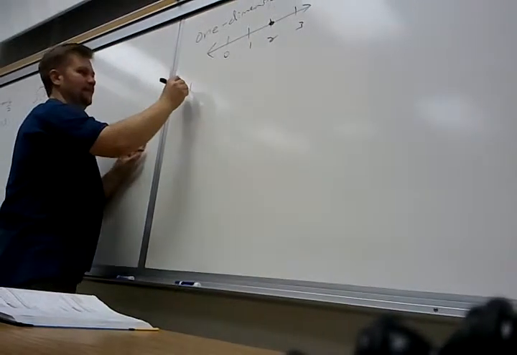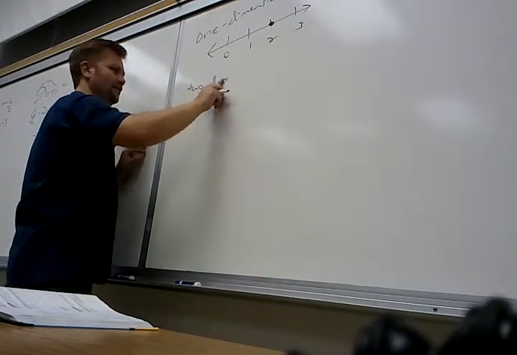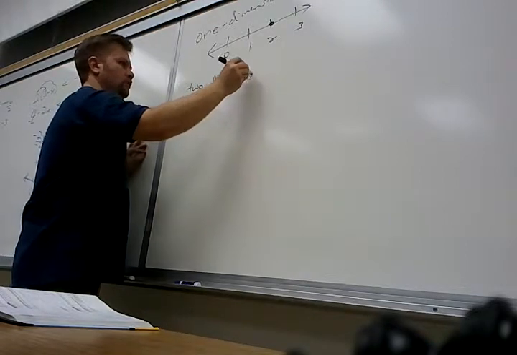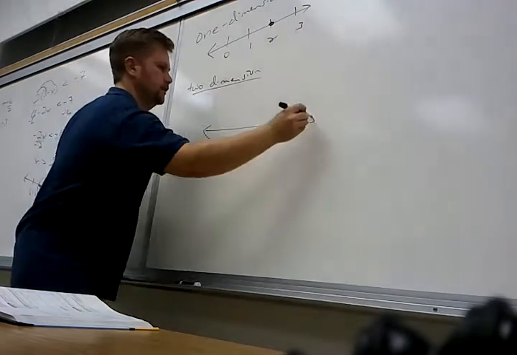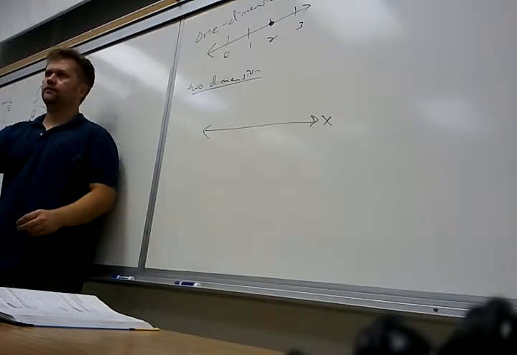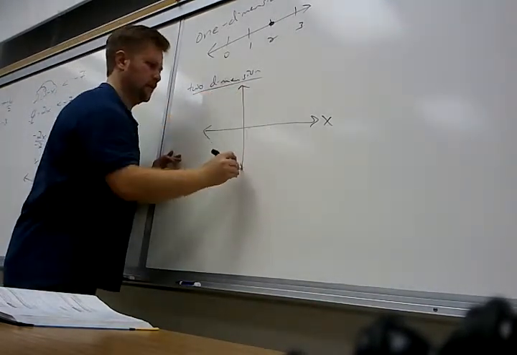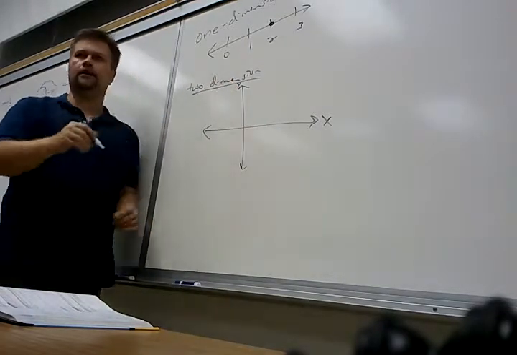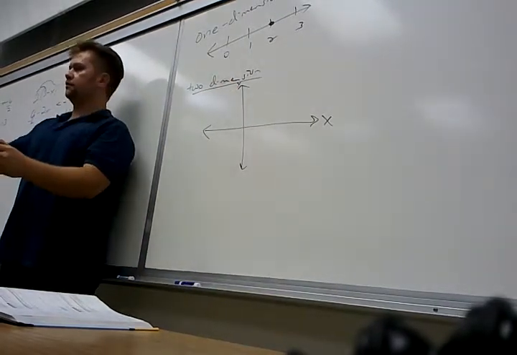So, two dimensions. What we do is we have our regular x-axis here. But then on top of that, we overlay the y-axis. And this really is nice when you're graphing stuff like the equation that governs a baseball.